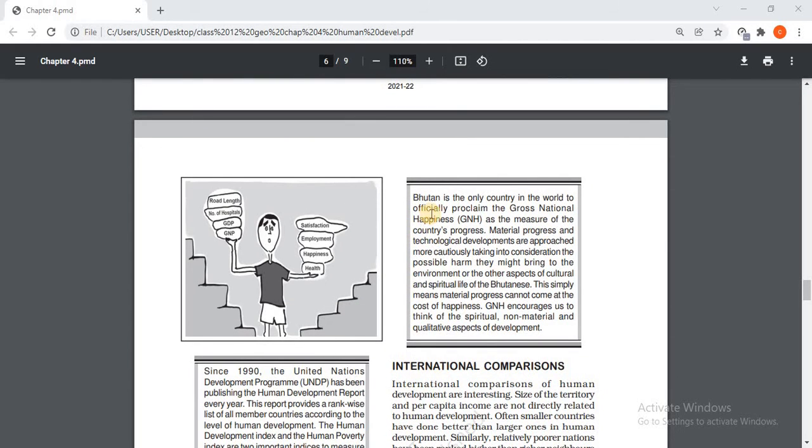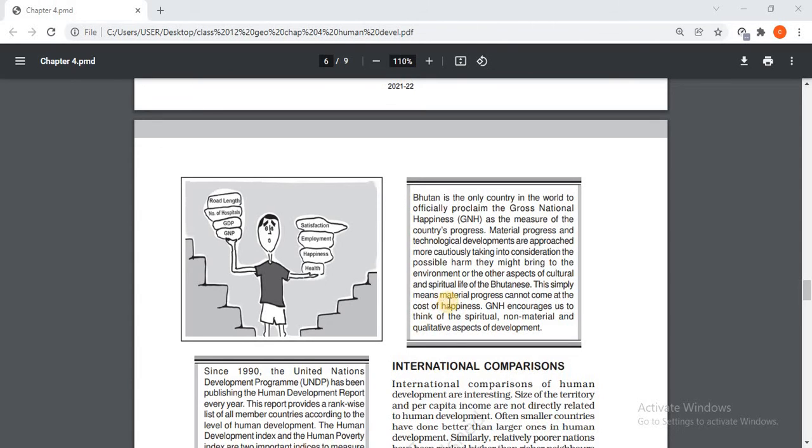In this box, Bhutan is the only country in the world to officially proclaim Gross National Happiness (GNH) as the measure of the country's progress. Material progress and technological developments are approached more cautiously, taking into consideration the possible harm they might bring to the environment or to other aspects of cultural and spiritual life of the Bhutanese.